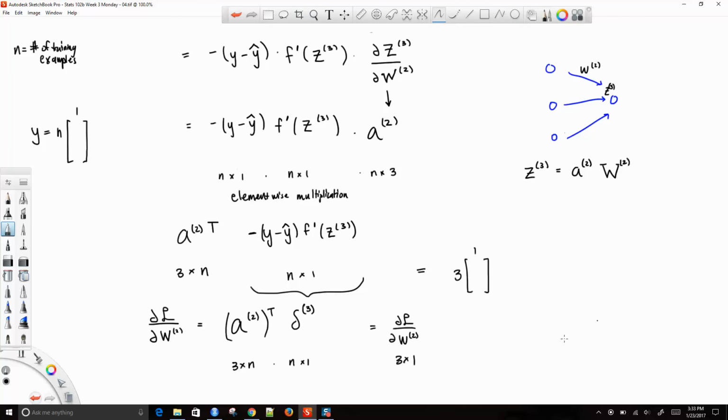So over here we define delta 3 equal to negative y minus y hat times f prime of Z3. Is that okay?